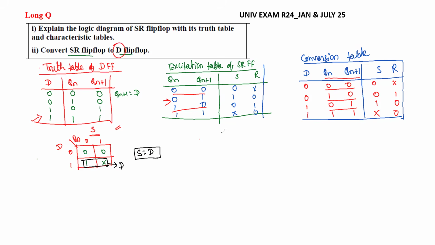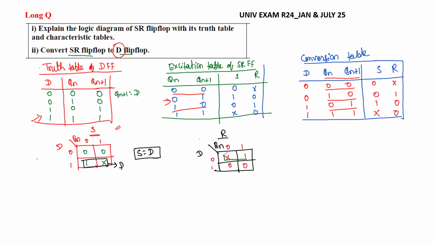Similarly, now we'll go for R. Again, two inputs, so you should be careful. Qn plus 1 we are not taking as an input. So here we have D and here Qn. The 0, 0 is the don't care condition for R. Next we have 0, 1, which is 1, and the remaining two are 0.